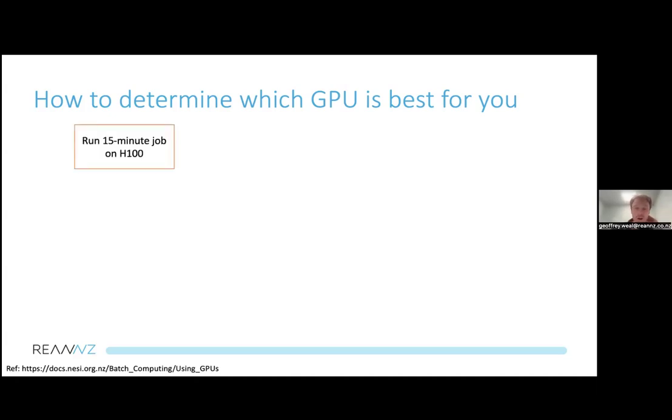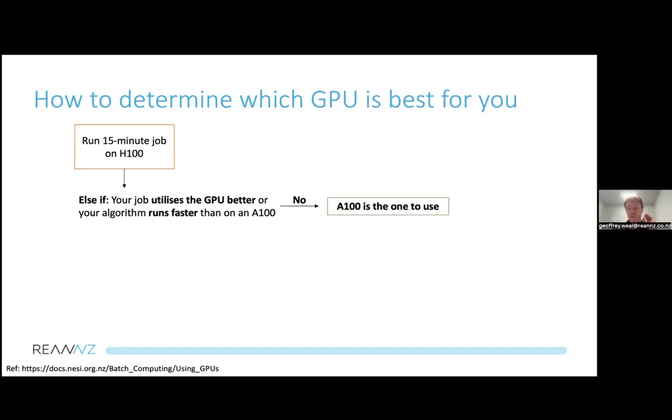So just finishing off, if you get to this point and you want to run a 15-minute job on the H100, you then want to ask yourself the question again, did your job utilize the GPU better, or did your algorithm run faster on the H100 compared to the A100? Again, if you found the A100 was better, you want to stick with the A100. If you found that the H100 was better for you, then you want to consider using the H100.